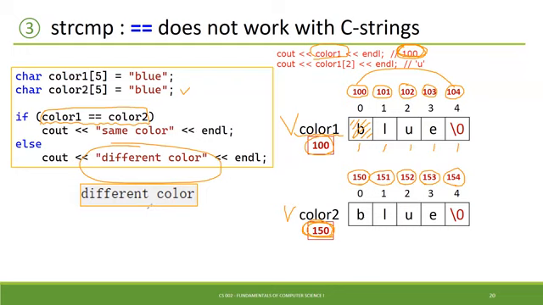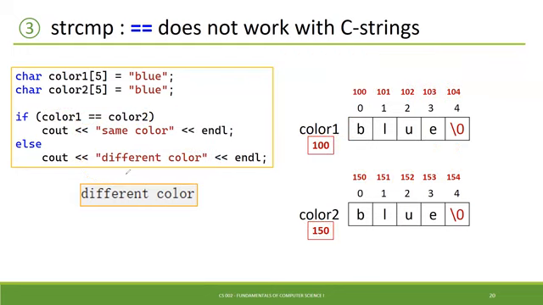Then how can you compare? How do you know two C strings are the same or not? If you want to check whether the two strings are the same, you must compare each letter, right?